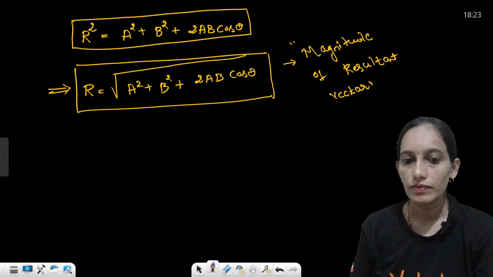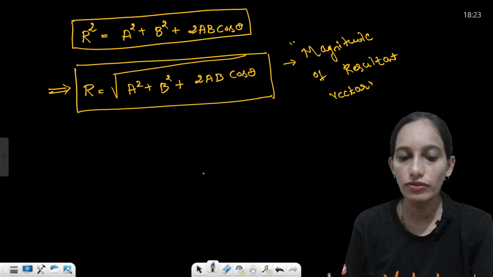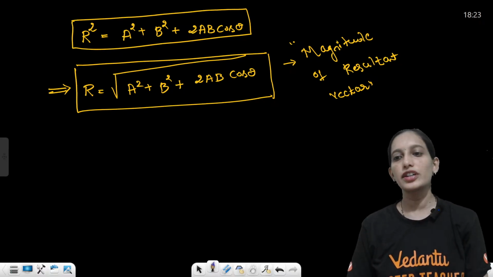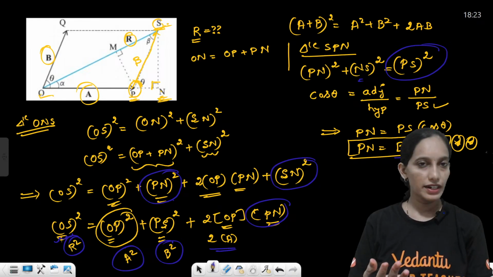So this is the expression for the resultant of two vectors. Any doubt till here? The basic logic is from the parallelogram law of vector addition.